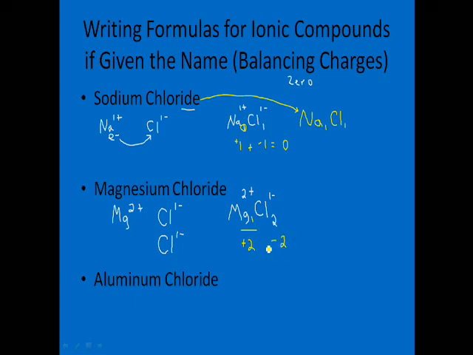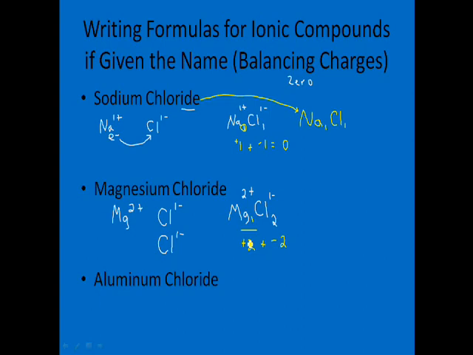If I have something that's positive 2 and I add it to something that's negative 2, again I've balanced my charges to make it 0. And the formula then for magnesium chloride comes out to Mg, and I could put the 1 there. For now I'll do it. Like I said, if it's written, it's understood. MgCl2 is the formula for the ionic compound magnesium chloride.